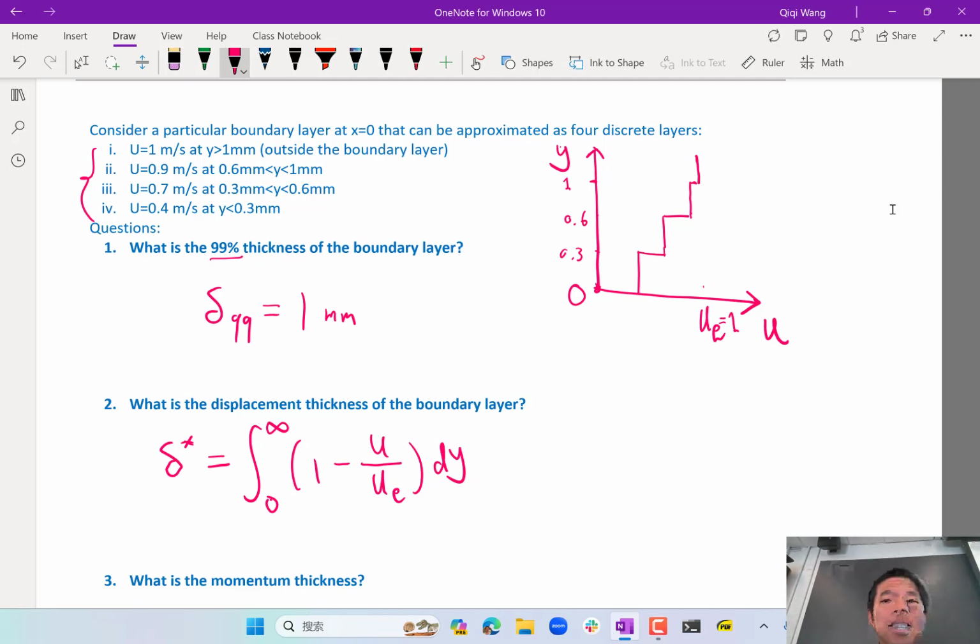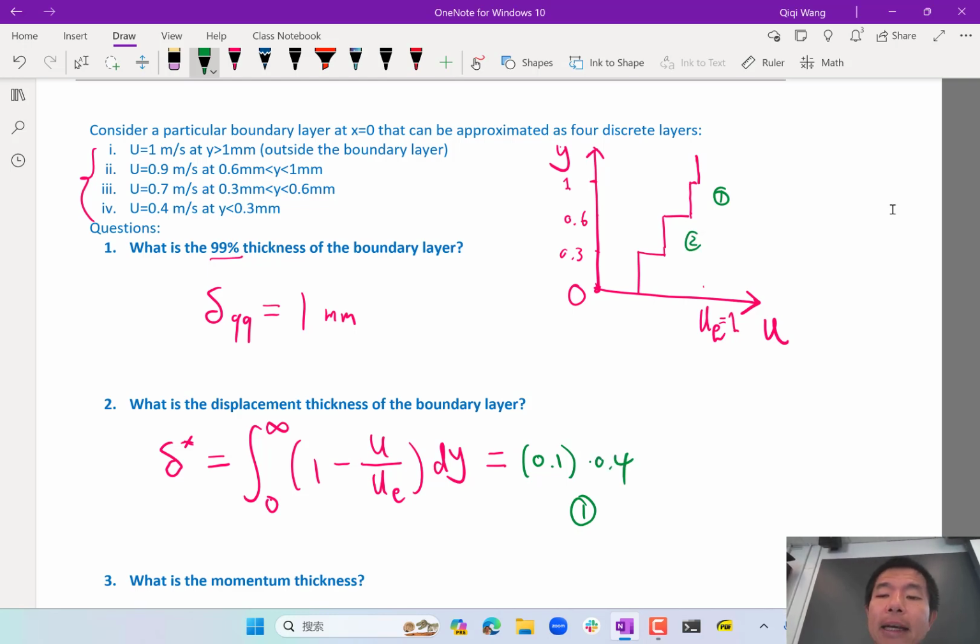And again, according to the definition, this integral can be split into 4 parts. Let's start with the outermost layer. The first part: what is inside the parentheses? It's 1 minus 90%, right? In the first layer, the velocity is 90% of the edge velocity. So inside the parentheses is 0.1 times dy. What is the dy of that layer? It goes from 0.6 to 1, so times 0.4, right?